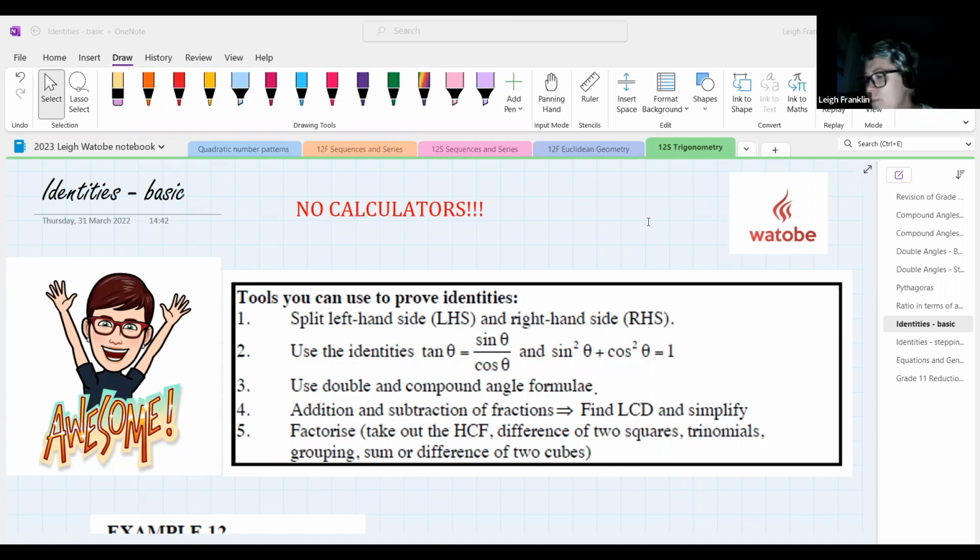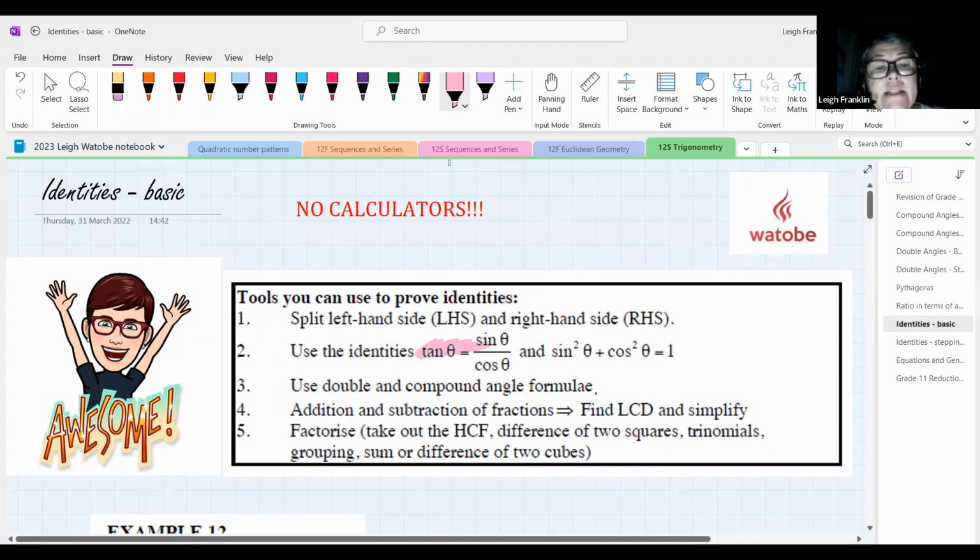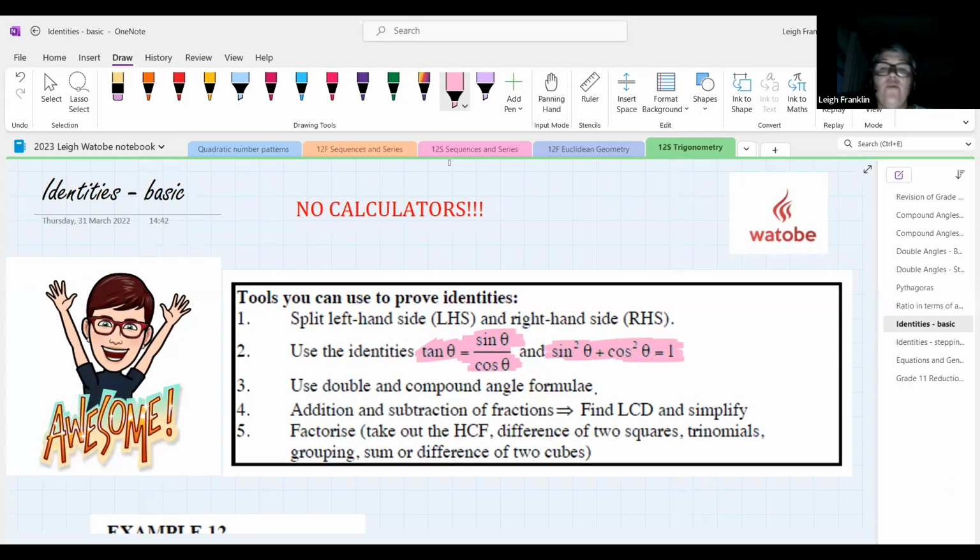The other thing that's important are all our identities and our double angle and compound angle formulae. So remember our tan identity from grade 11, tan theta is equal to sine theta over cos theta, and our square identity, sine squared theta plus cos squared theta is equal to 1. Often we are given the number 1, and if we can't cancel it out, we would write it as sine squared theta plus cos squared theta.